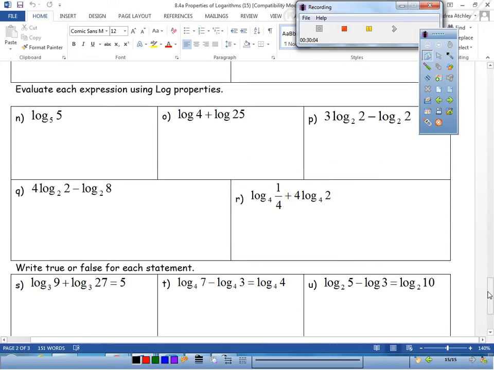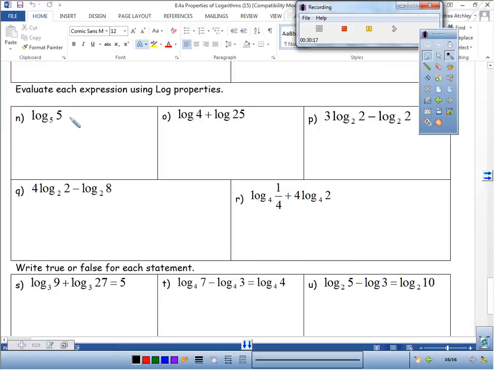Now to evaluate each expression using the log properties. We've already done some of these in our last section. Class, what was the log base 5 of 5? 1. I don't know the log base 10 of 4 or the log base 10 of 25. So I can use my log properties to add, which means I would multiply them and get the log of 100.